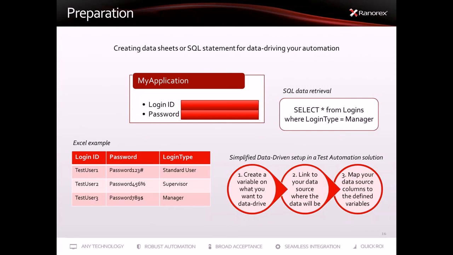So once I have my data source, I got my Excel example mapped in as my data source, now I just need to map the field of login ID from Excel into login ID for my application. So just 3 simple steps that should work with any solution that you're working with. This is a simplified approach on what you should be looking for. It should be this simple.